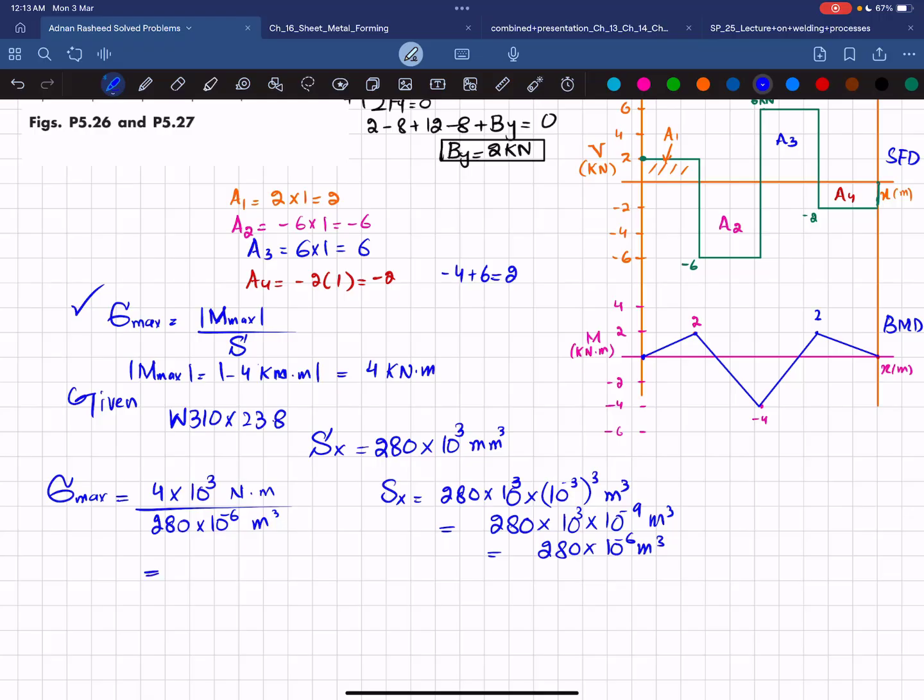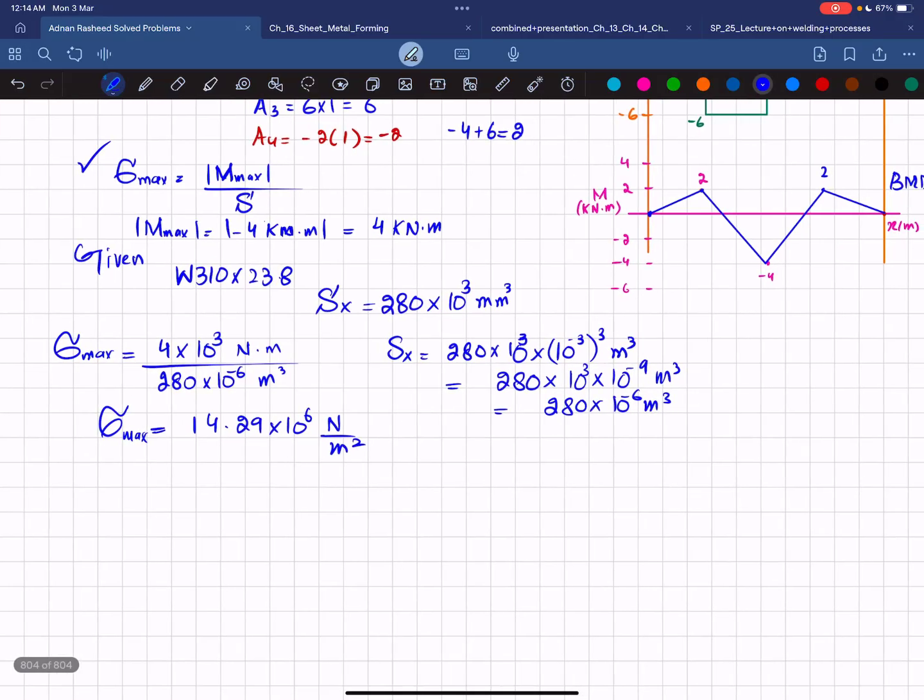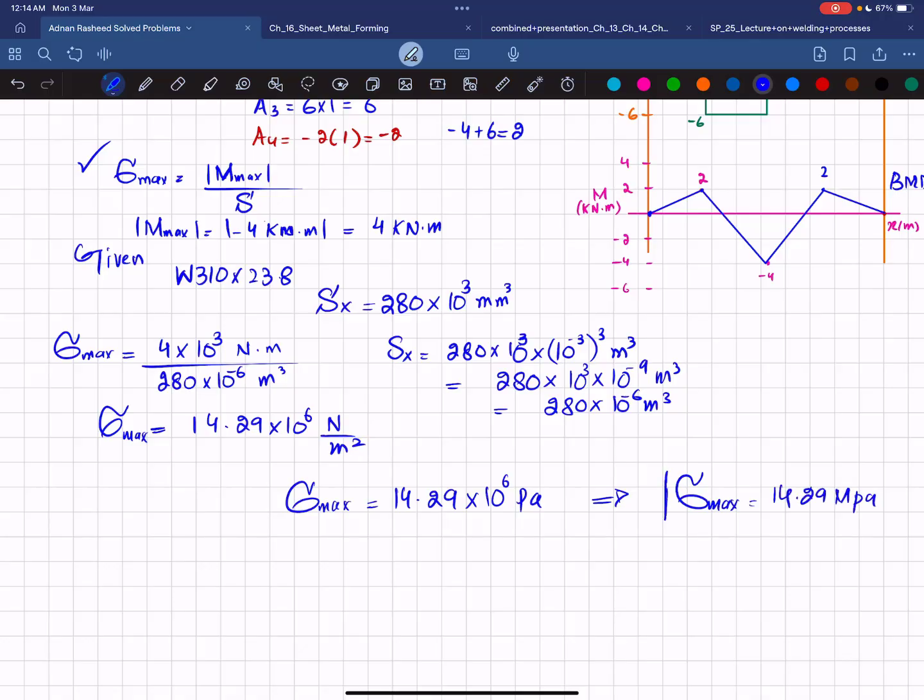So you will get 14.29 into 10 to the power 6 Newton per square meter. That will be the absolute maximum bending stress. So maximum bending stress in Pascal will be 14.29 into 10 to the power 6 Pascal, because Newton per square meter is Pascal. And if you want to convert this into megapascal, the maximum bending stress is equal to 14.29 megapascal, which is the answer of our second part.